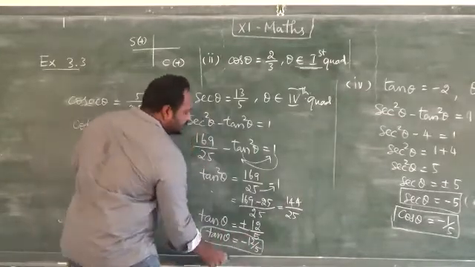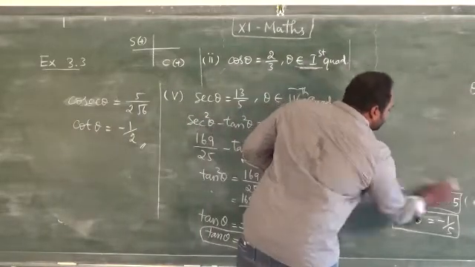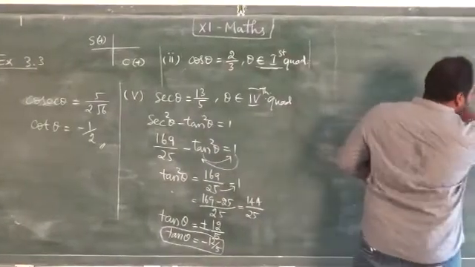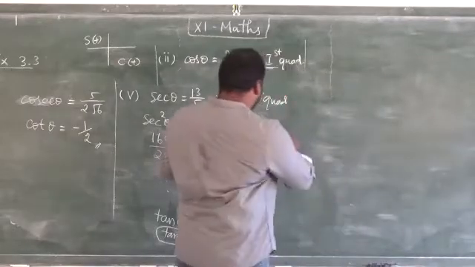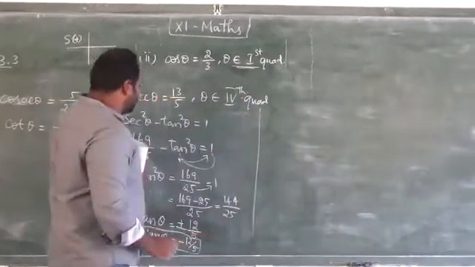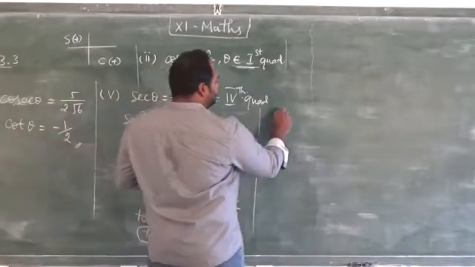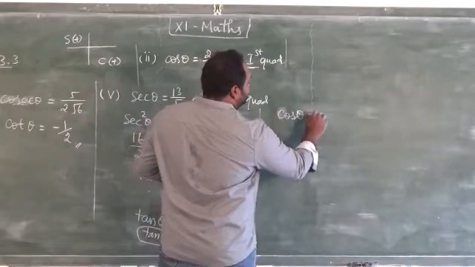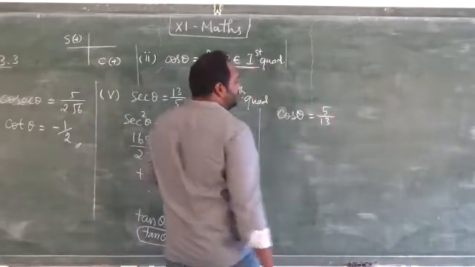So the remaining four ratios we have to find out. Here I am going to find the cos value directly, because the secant value is given. Directly we can write the cos value, since it is the reciprocal: cos theta is 5 by 13.